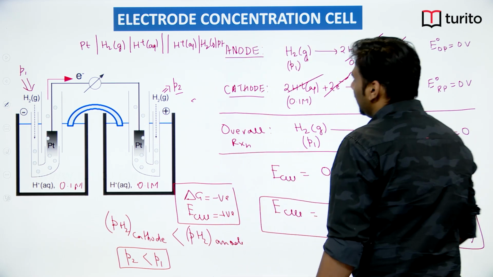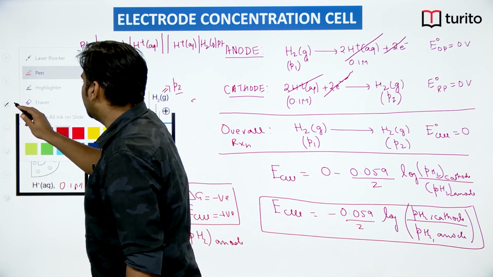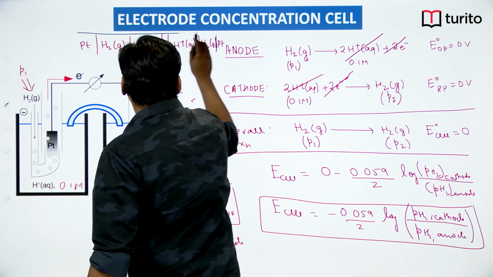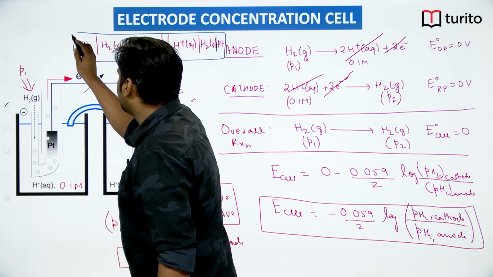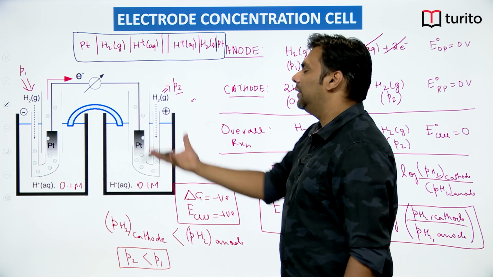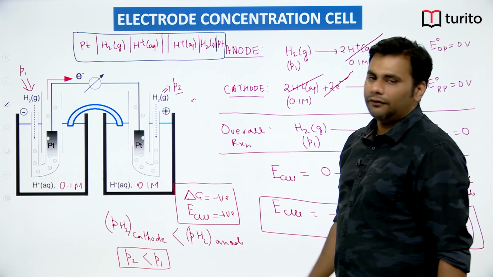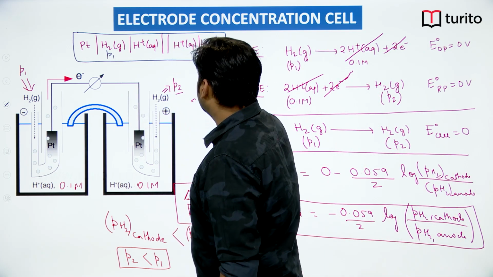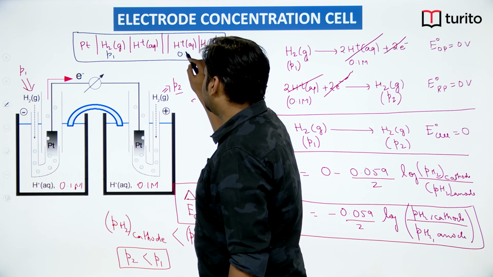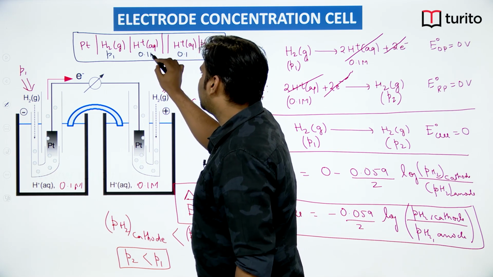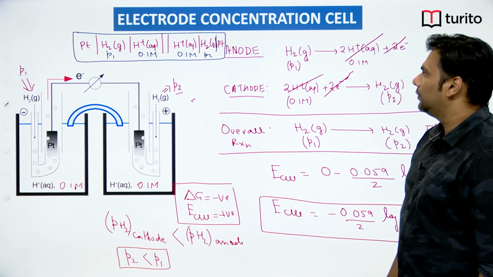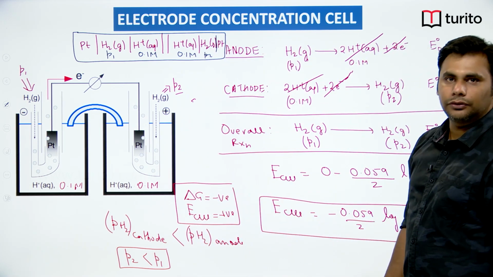You can easily make out that this is a concentration cell. The anodic half and the cathodic half are the same. This partial pressure was P1, its partial pressure is P2, its concentration is 0.1, its concentration is 0.1. Hope this is clear to you. So this is how you do it for an electrode concentration cell.